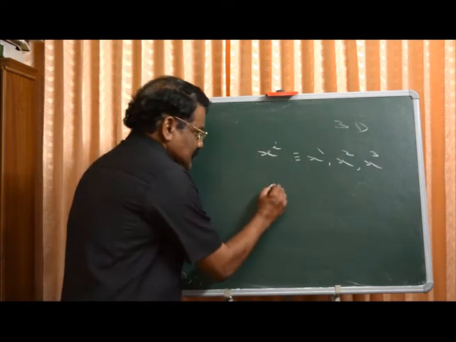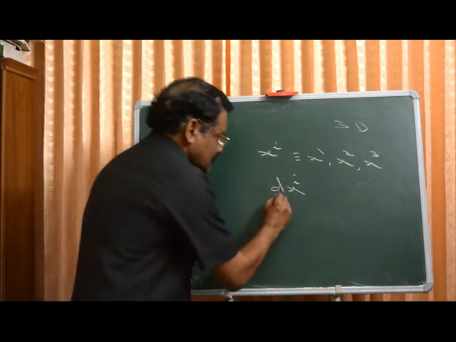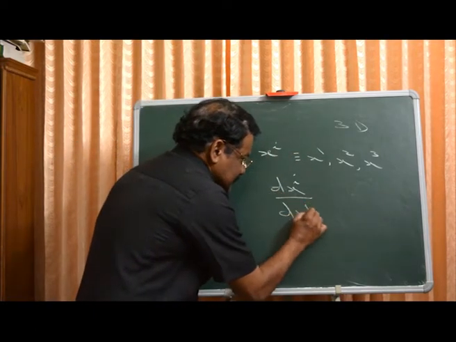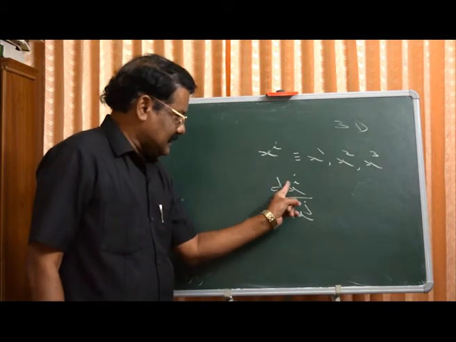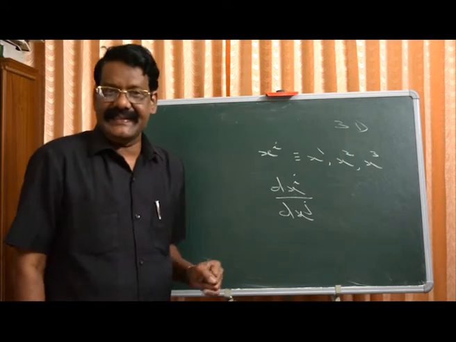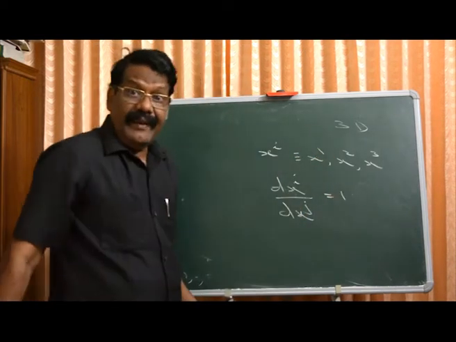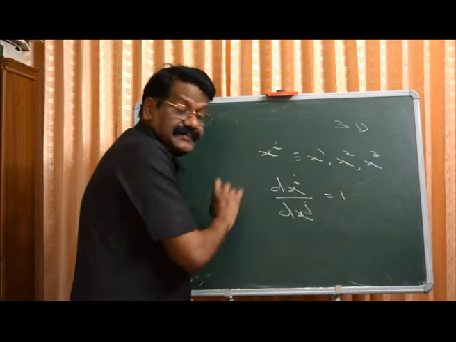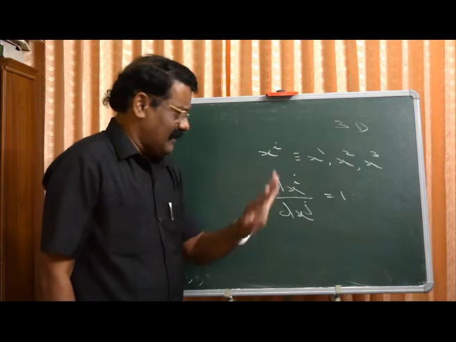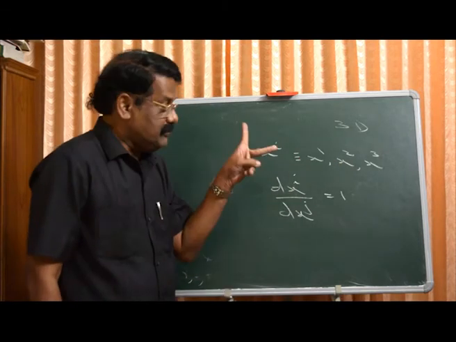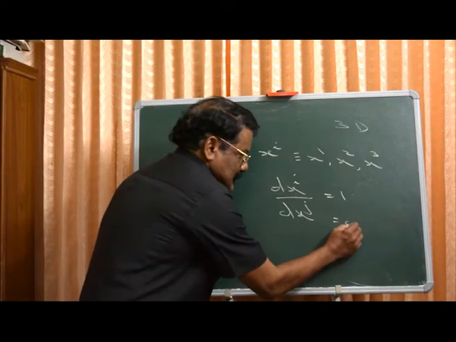Mutually independent means the derivative of xi with respect to xj is equal to 1 when i is equal to j. When i and j are different, for any value, dx1 by dx2, they are perpendicular. So this is equal to 0.